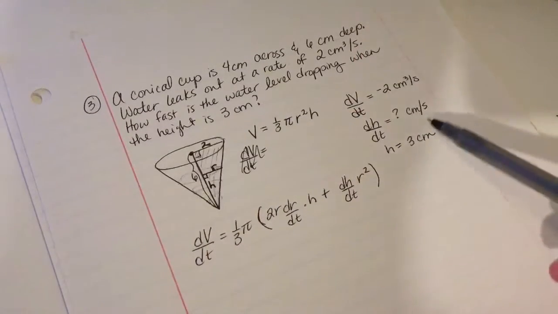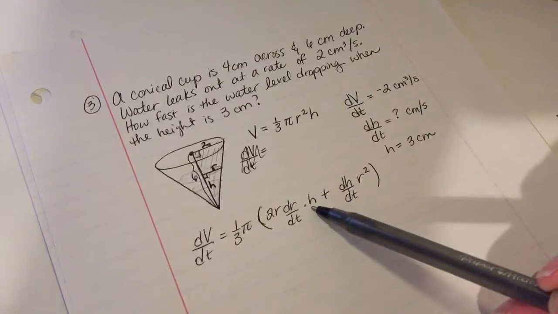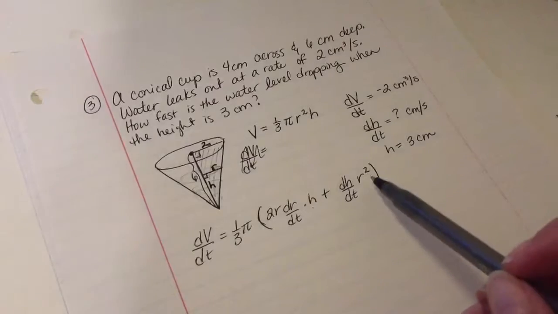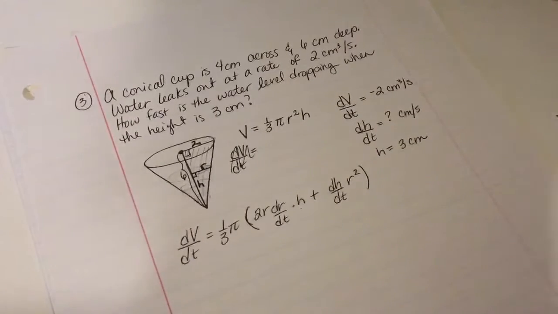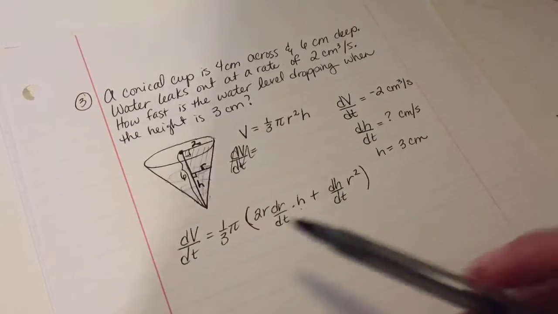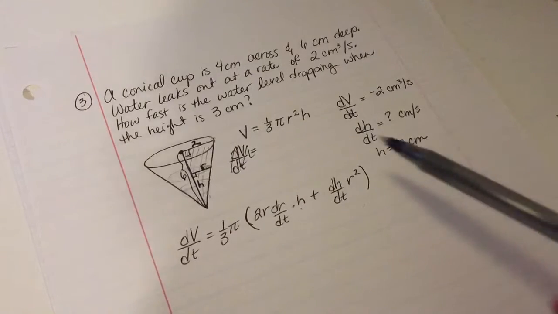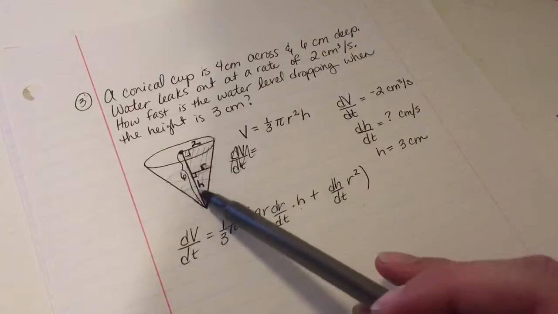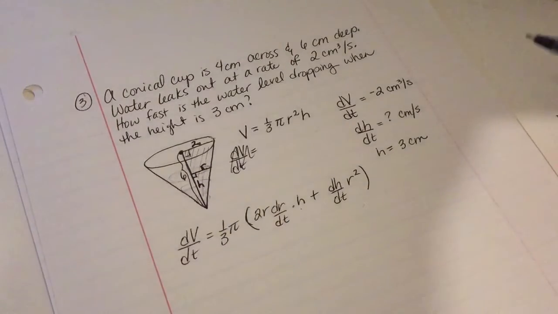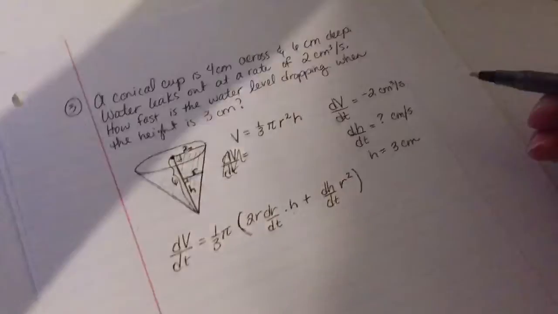All right, now I have h. I don't have dr/dt, and I don't have r. Well, remember, if you don't have those things you need, then maybe you need a secondary equation. Well, if you look at this picture, it's just 2 right triangles, similar triangles, which we've been practicing. So let's try that out, okay?